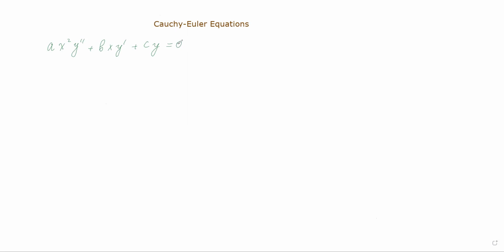The difference between the equations we had before and this one is that in front of the second derivative, we have not only the constant a, but also the function x squared. In front of the first derivative, we have x, and in front of the function, we have nothing. So the coefficients are variables. Right now, it's a x squared and b x. c is still constant.